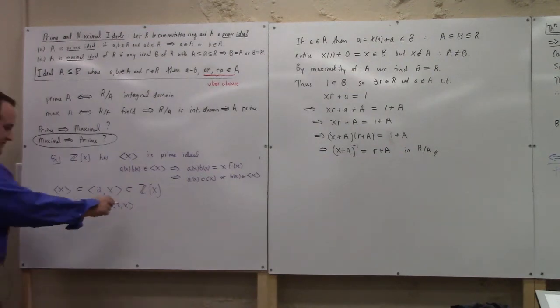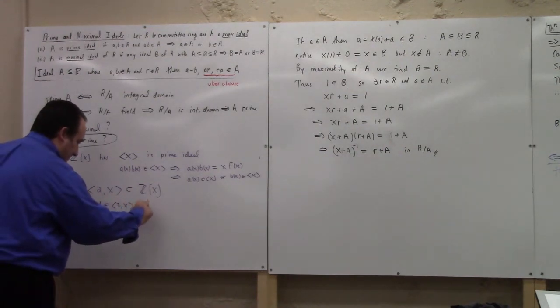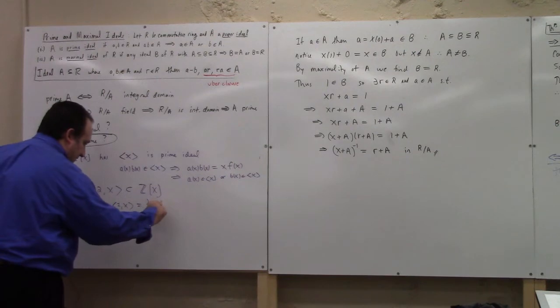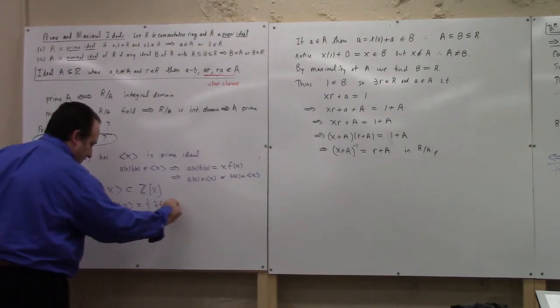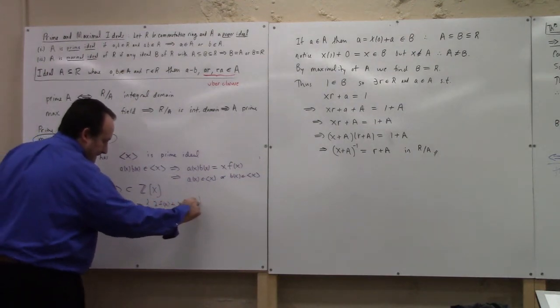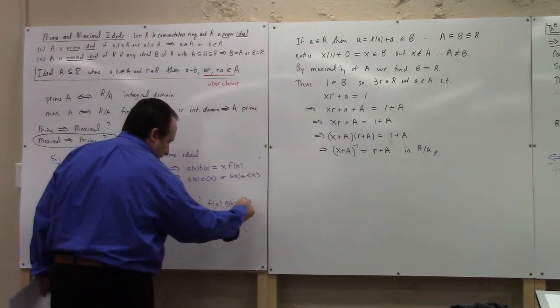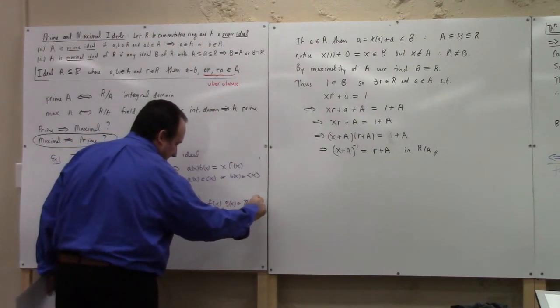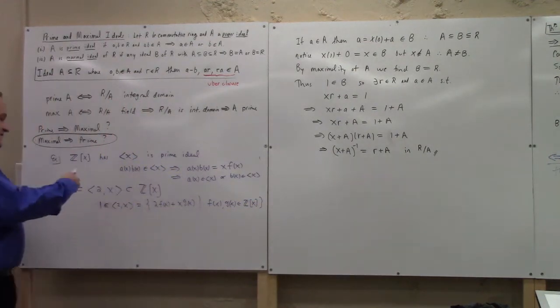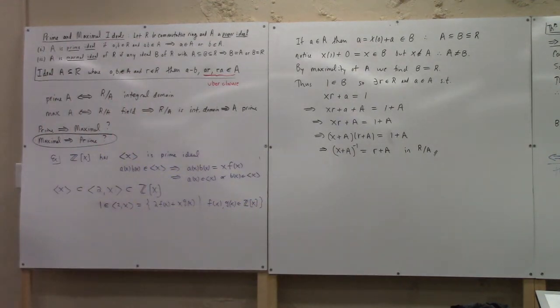Because this is things of the form 2 times f of x plus x times g of x, such that f of x and g of x are polynomials with integer coefficients. If you look at that, there's no possible way you can recreate the constant polynomial 1. And yet 1 is in Z[x].